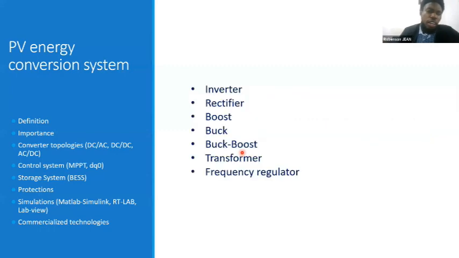Let us see what converter topologies we can use for implementing a PV energy conversion system. We have the inverter, the rectifier, the boost converter, the buck boost converter, the transformer, and the frequency regulator. Those are very useful.